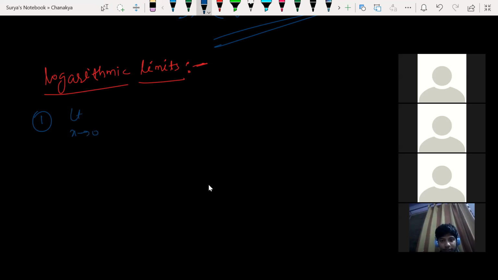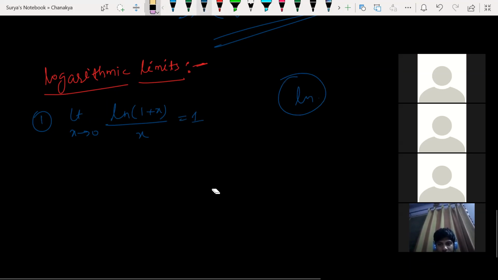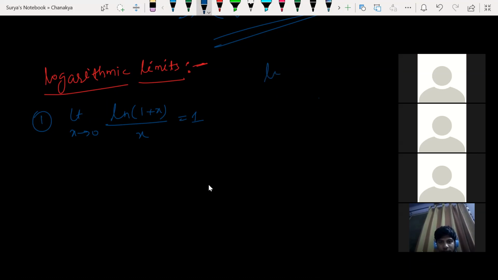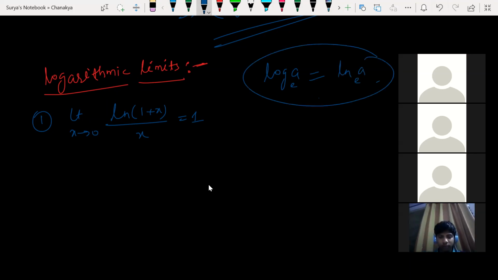Limit x tends to 0, ln of 1 plus x divided by x is equal to always 1. Here ln means what? Ln. Here I can write log a base e is equal to ln a. Ln a base e. Both are same only.